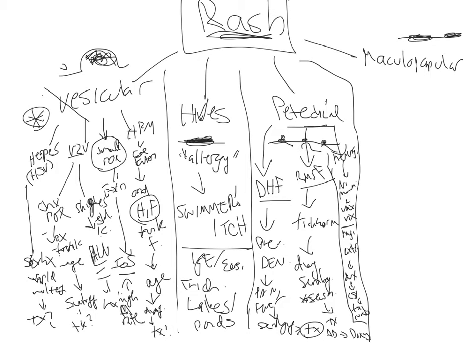And so the way that I'm going to bring this up is to say who's on the extremities, who starts on the trunk, and who starts at the hairline. So the ones who start on the extremities, the extremities being the hands, the feet, the palms, the arms, legs, things like that.